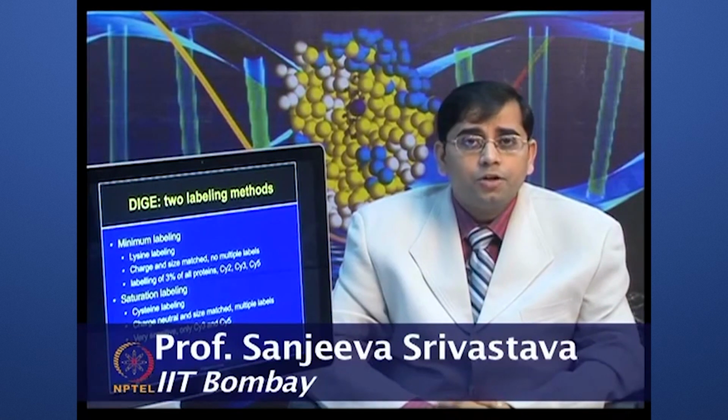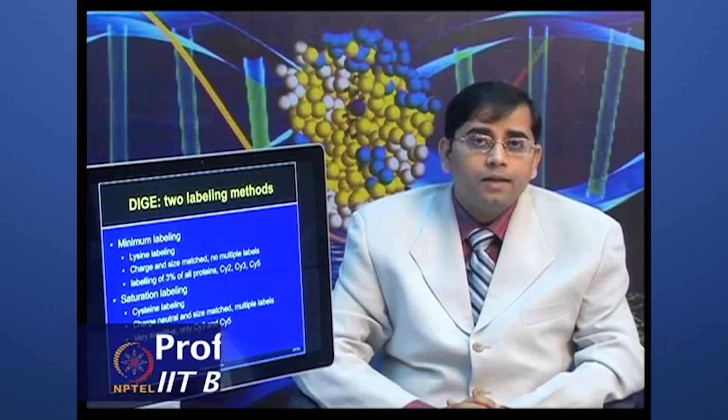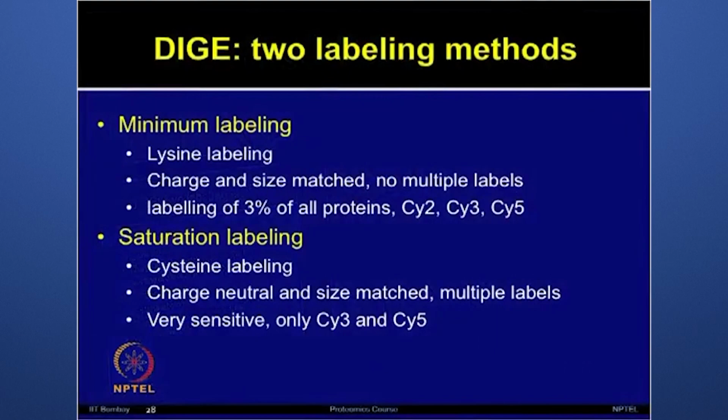Now, let us talk about the different types of labeling methods. In DIGE, there are 2 different types of labeling methods which are possible. One is the most commonly used, lysine labeling, and the other is cysteine labeling.